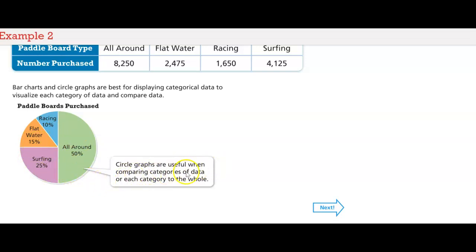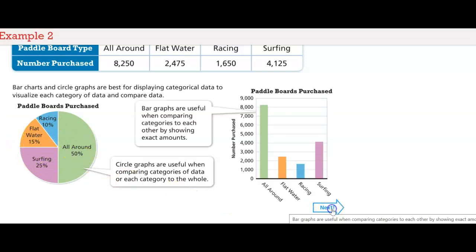It's useful when comparing categories of data or each category to the whole. So you have it broken apart, usually with different colors and percents. Bar graphs are also useful when comparing categories to each other by showing the exact amount. Each bar represents the exact number of the different types that were purchased, which is also an easy display of data to read.